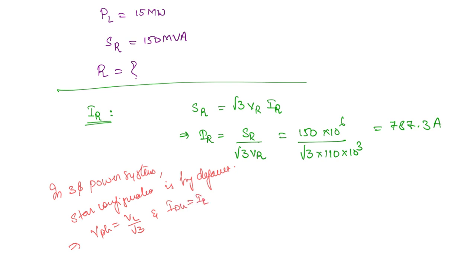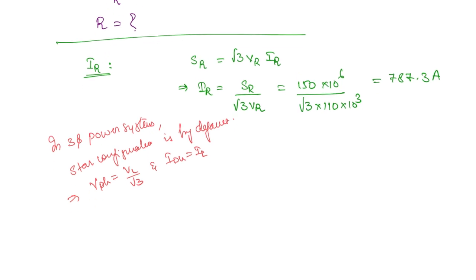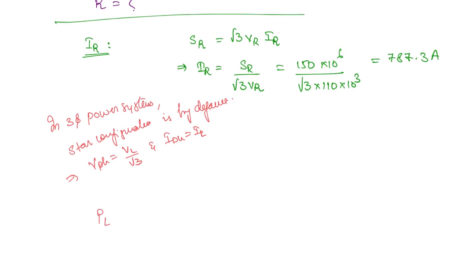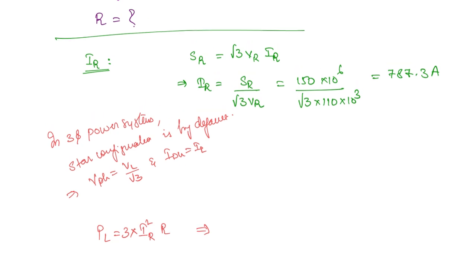This relation is important to be able to write down the expression for power loss, right? So power loss, what will this be? The phase current IR square into R, this is per phase, into 3 will give you the total 3-phase power loss. So PL is given. How much is it?